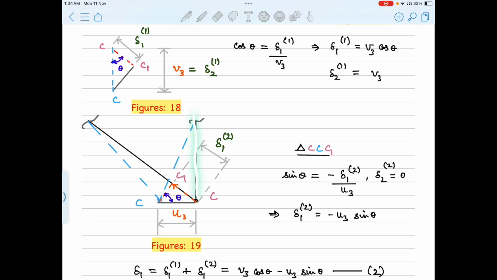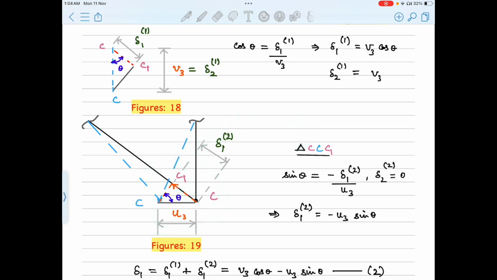We already said this doesn't undergo any change in length, so this is the final position itself. From here, we need to draw a perpendicular line. And for this member, we have drawn this perpendicular line, otherwise called the tangent line. These two tangents meet at point C. Okay. So again, we construct this triangle C1. We can construct that. Okay.